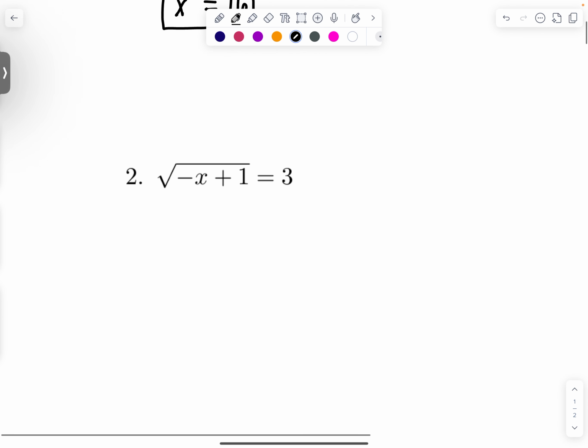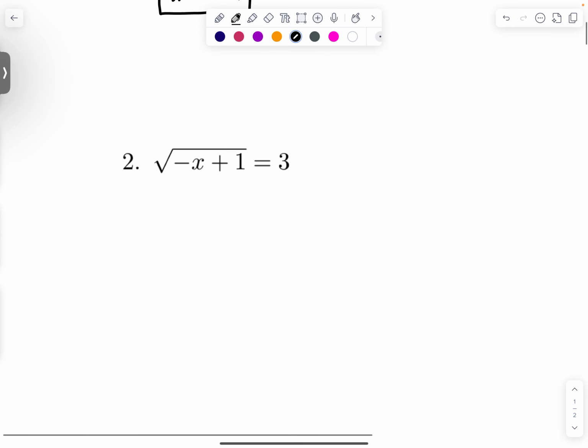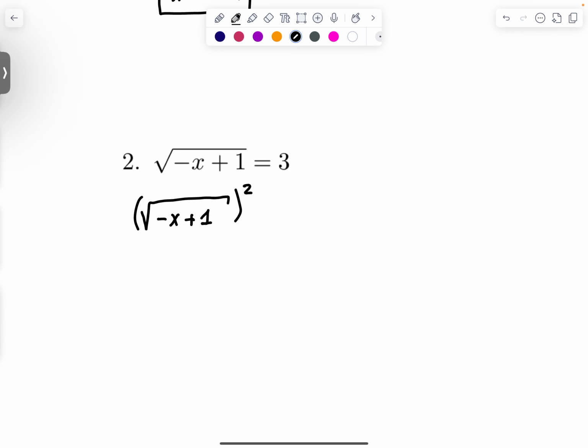All right, next equation. So we have the square root of negative x plus 1 equals 3. We're going to want to do the same process: since the radical is on the left side and we have a number on the other side, we can raise both sides of the equation to the second power. So we get the square root of negative x plus 1, all of that to the second power, equals 3 to the second power.